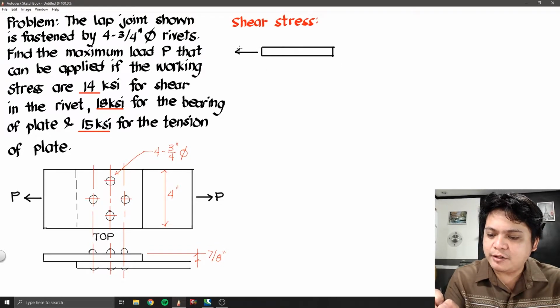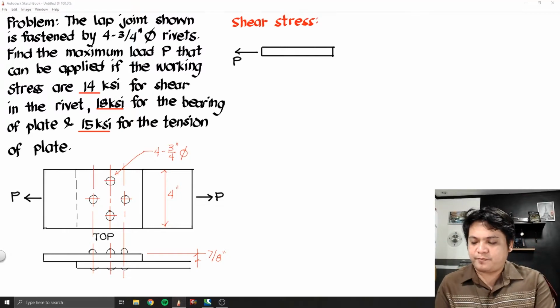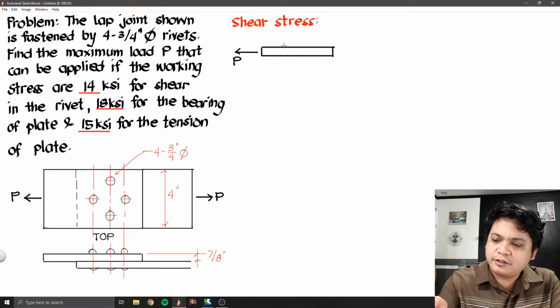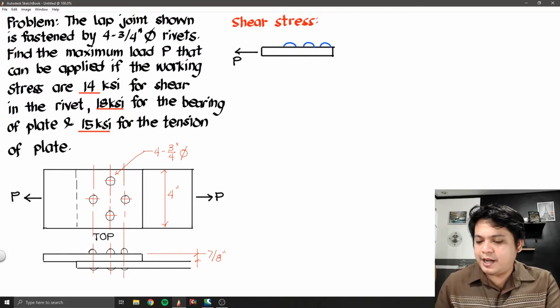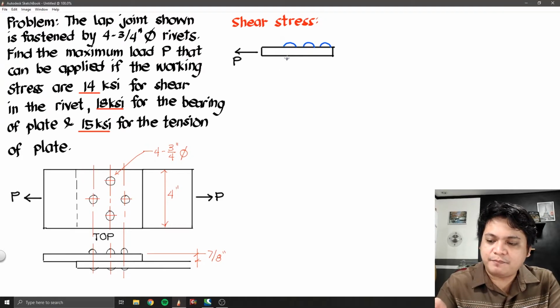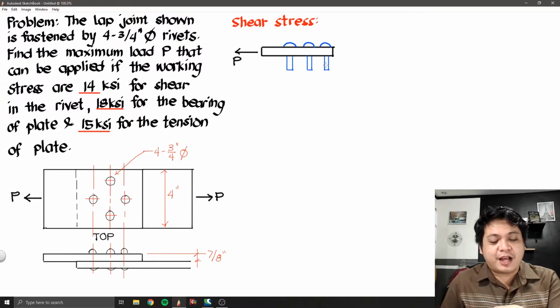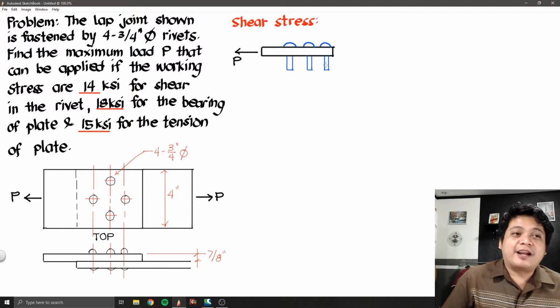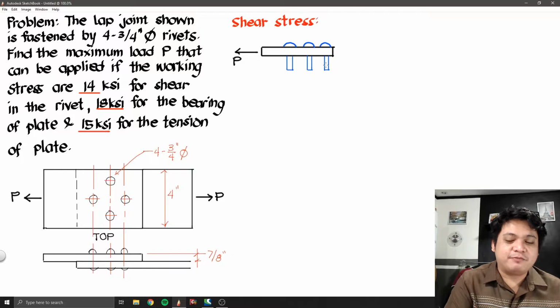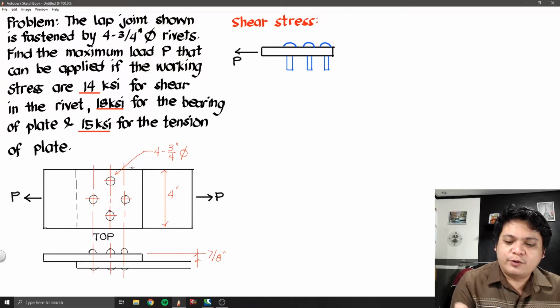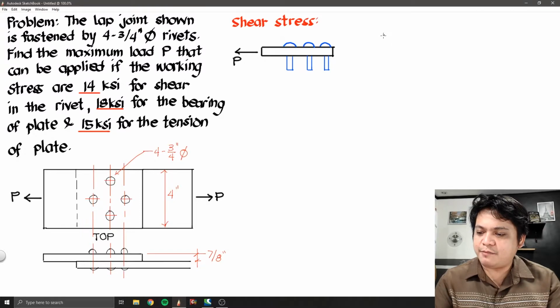Ito kasing plate na to, nakaka-experience siya ng force P. Tapos, meron ako doong 4 na rivets. Kaya lang, yung dalawa kasi magkapantay, kaya hindi gaano kita. Lalagyan ko dito ng ulo, parang ganyan. Since nawala yung pinaka-bottom part ko, ang magre-resist nitong P, of course, yung connection, yung pinaka-rivet mo. So, ito, sa top view niya, top view natin to.